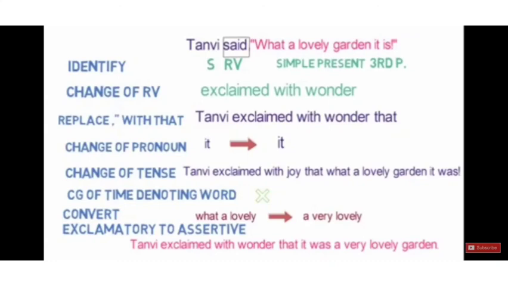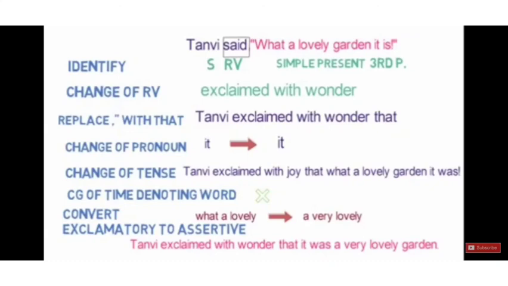Said is the reporting verb. It is a third person pronoun and the tense is simple past tense. Step 2 is change of reporting verb. Here, Tanvi was feeling wonderful, as per the sense, so we use the reporting verb as exclaimed with wonder.